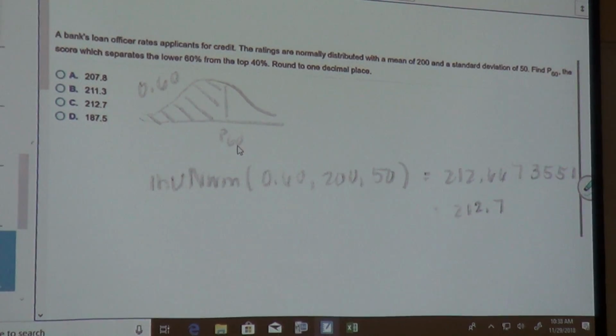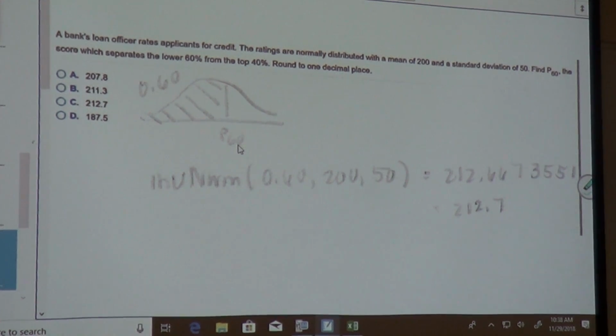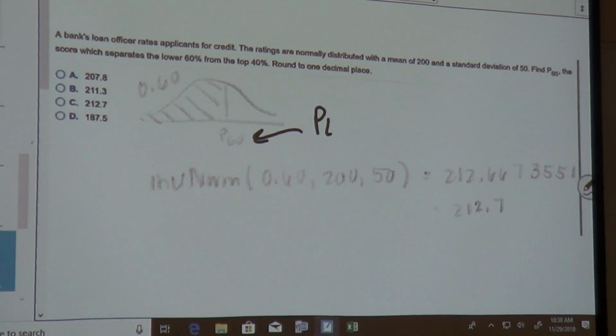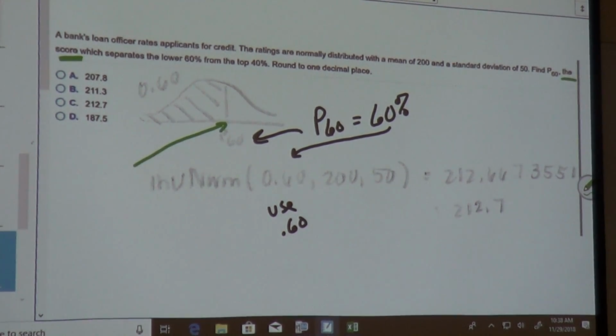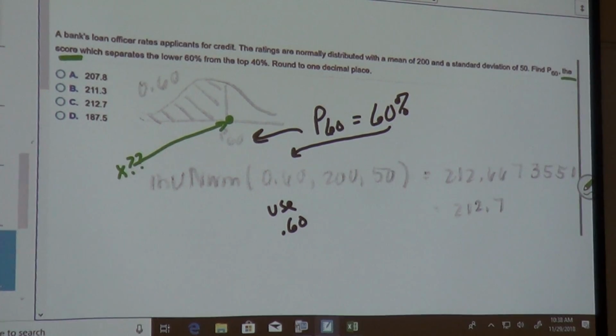P of 60 means what percentage? P60 means 60%, but we're going to use .60. For this one, it says find the score, which means we're trying to find that.